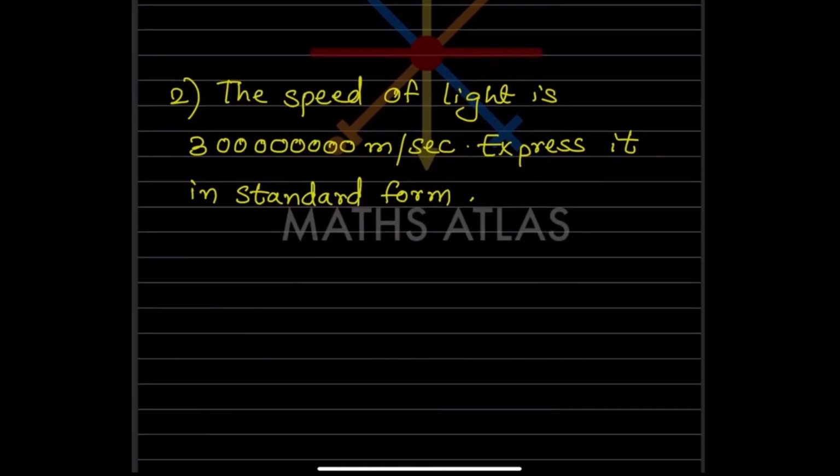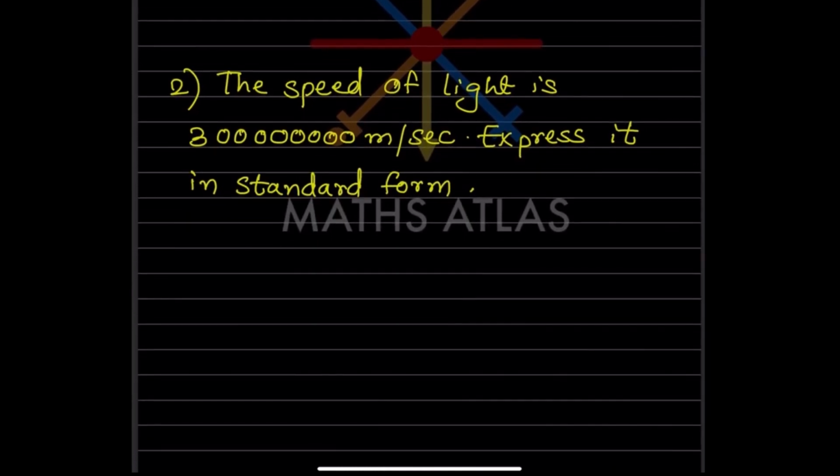So now here the speed of light is given. So how many zeros do we have over here? First we'll write here speed of light is equal to, here the number of zeros are 1, 2, 3, 4, 5, 6, 7, 8. So you have to be very careful while writing the number of zeros.